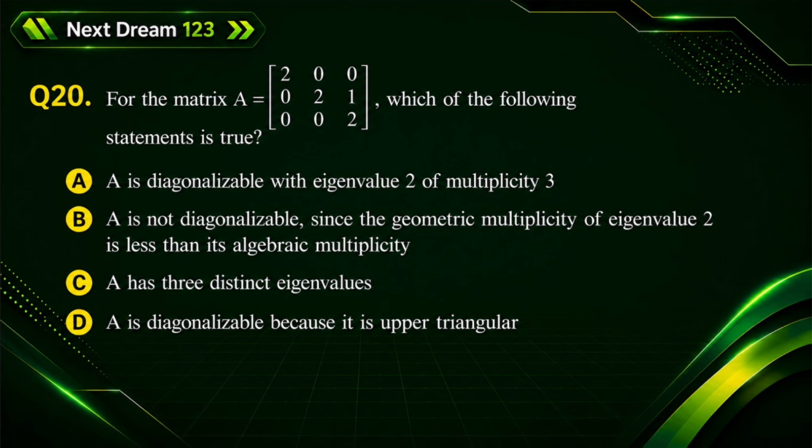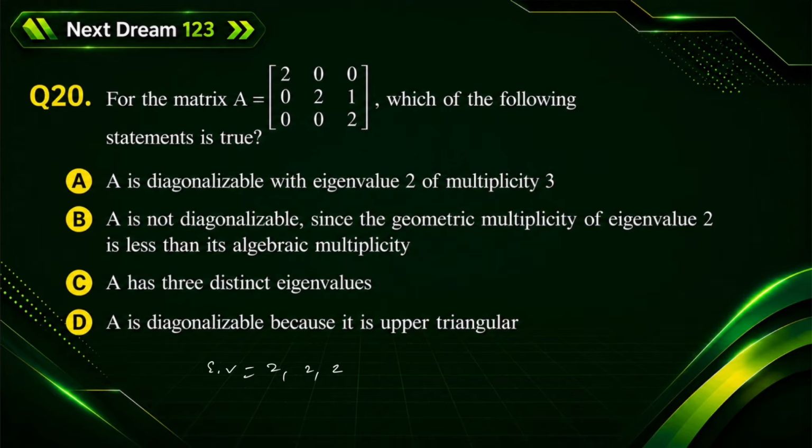Question 20. For matrix A, which of the following statements is true? If you observe, again it is an upper triangular matrix, so the eigenvalues are 2, 2, 2. Is A diagonalizable with eigenvalue 2 of multiplicity 3?